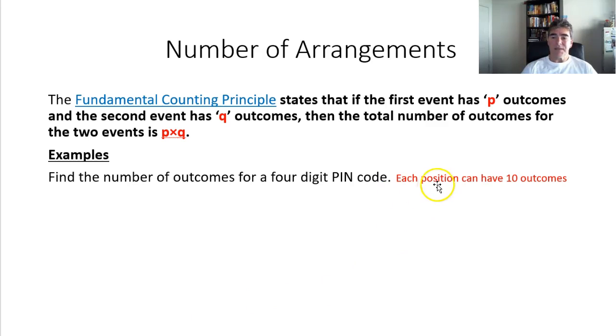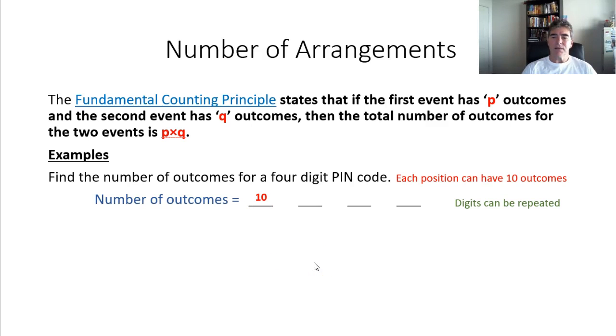So each position, and I'm going to talk about positions this time, has 10 outcomes. So let's have a look here. I'm going to put my positions there. There are 4 positions for the 4 digits. The first position can have 10 possibilities, including 0. So 0 to 9, there are 10 possibilities.